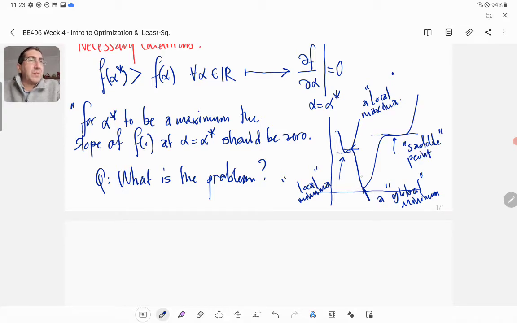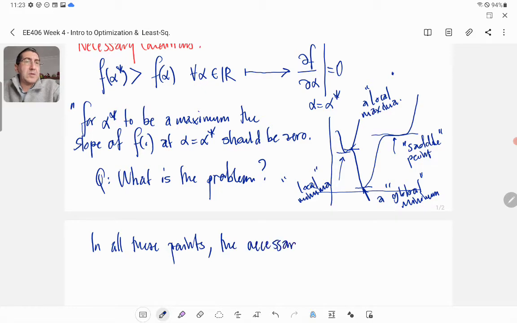Now the problem we have is that the necessary condition holds for all of these points. If you look at the necessary condition and try to solve it for alpha, you will find all of those points. In all these points the necessary conditions hold.